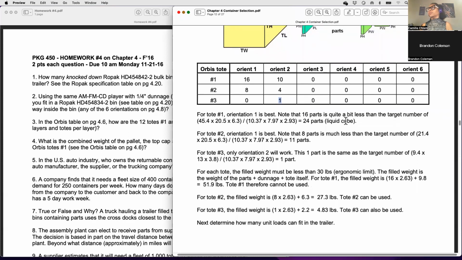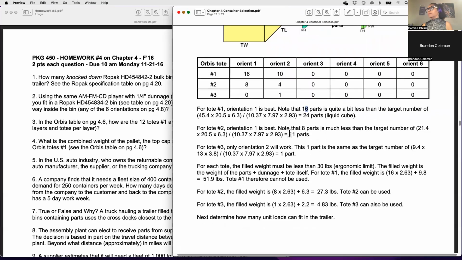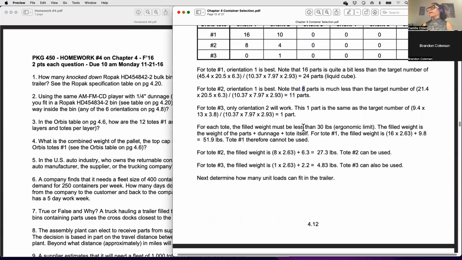So you want to do the liquid cube, 24 parts, and then you get 16 parts here, but your liquid cube was 24. So you already see that it's chopping it down. Same thing with this one. You had 11 parts max, but with your liquid cube, maximizing every square inch. But when you actually do it and you start rounding down, you're going to get 8 parts. And the same thing with this one.